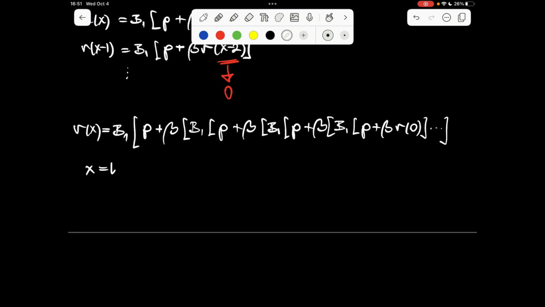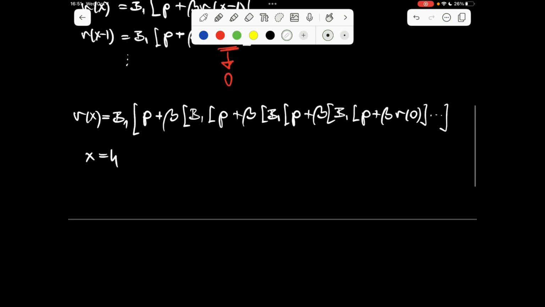if x is 4, I picked 4 for x completely arbitrarily, this equation reads as this line. This is beta, sorry.